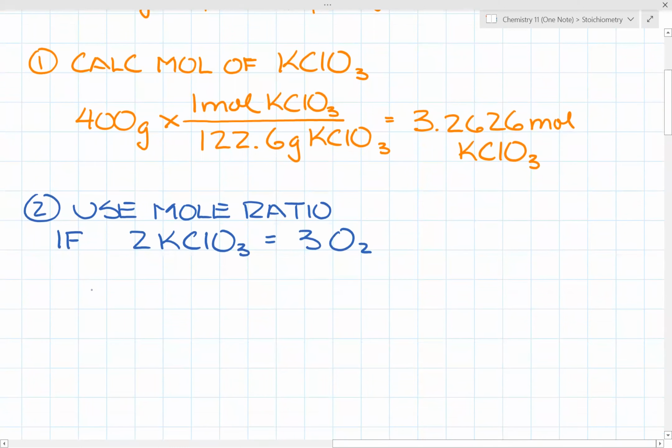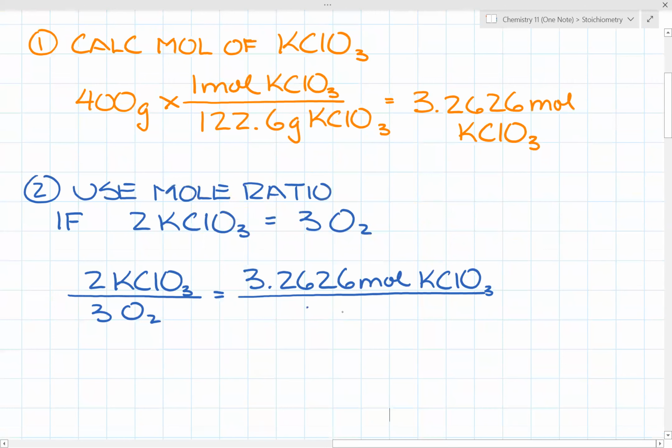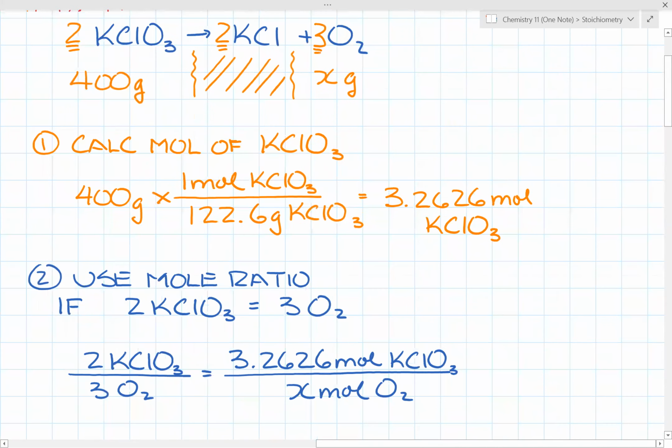We have 2 KClO3 over 3 O2, equals 3.2626 moles of KClO3 all over X mole of O2. Now, how do I know that I want O2? Because that is in the question.